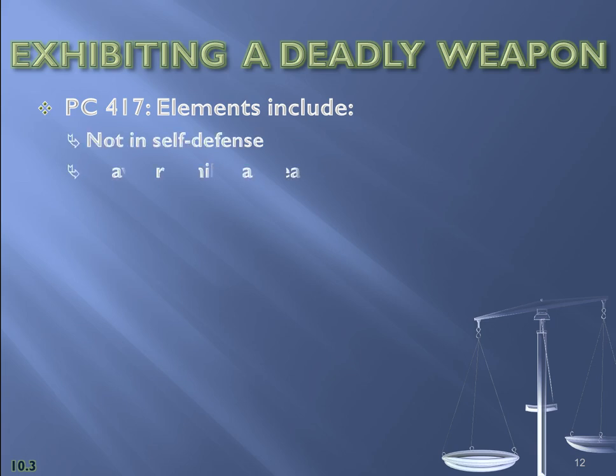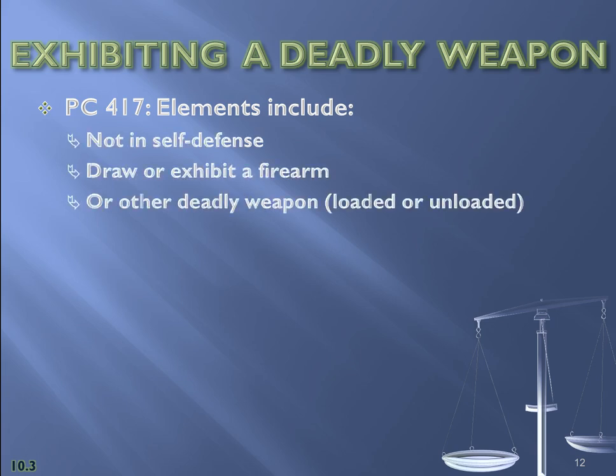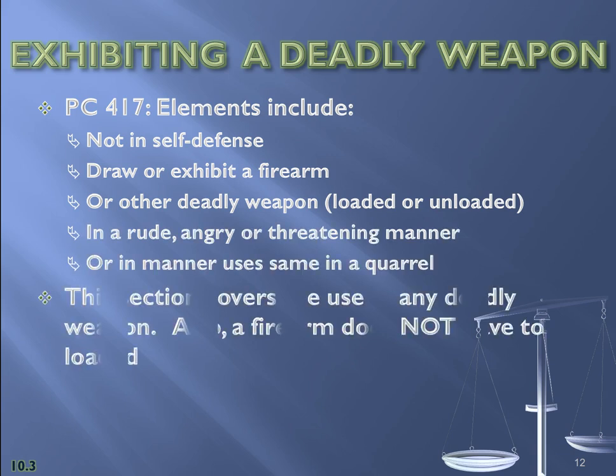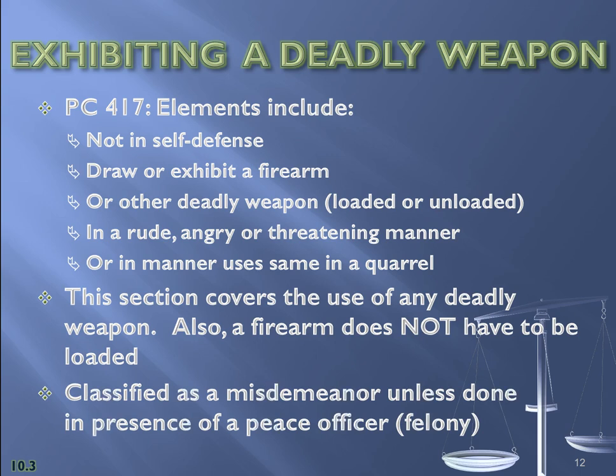So also falling underneath the umbrella of types of assaults would be not just when you use hands and fists and things like that, but also weapons. So Section 417 of the Penal Code talks about exhibiting a deadly weapon. Now, the more legal definition is as follows.